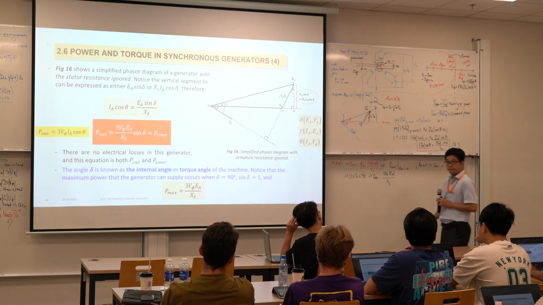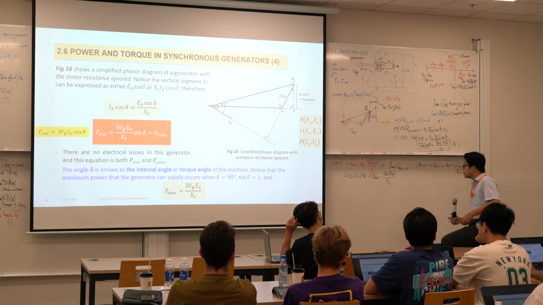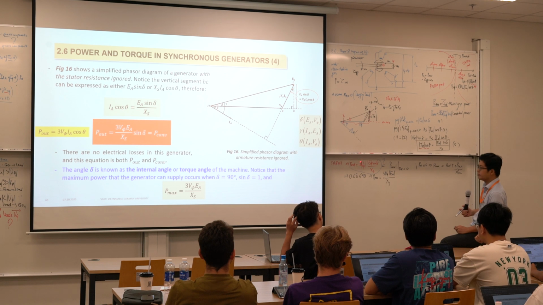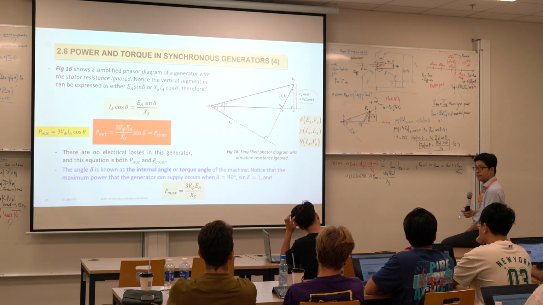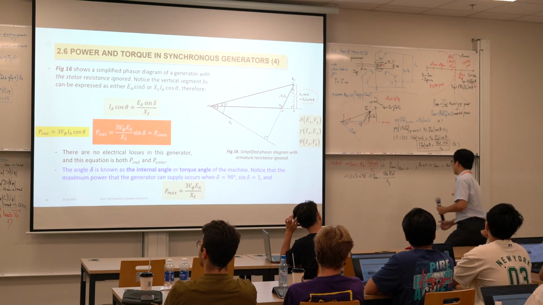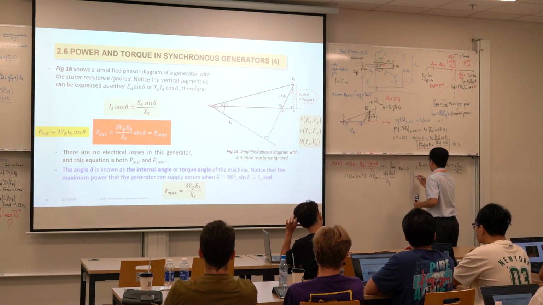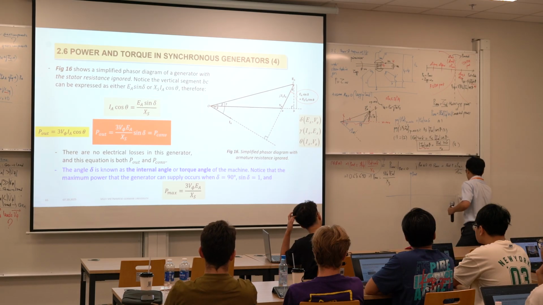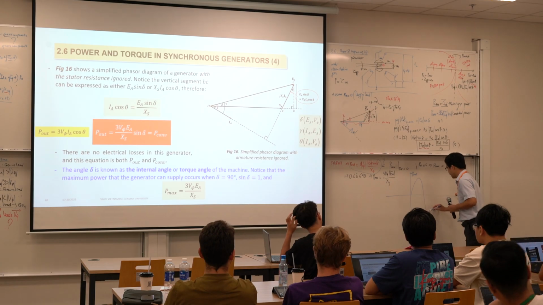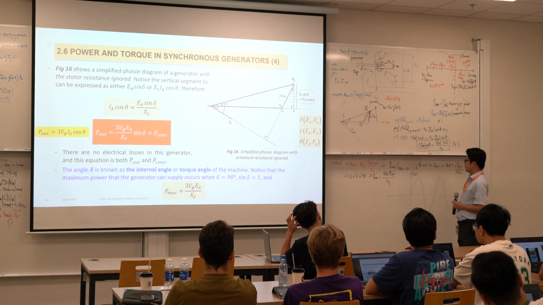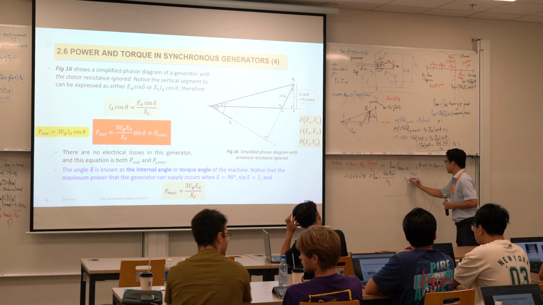What is this? This is constant. This is constant. So this is the sinusoidal function, a function of delta. If I would like to indicate the waveform of P out, this is P out, this is delta, and you get this form. This is P max.